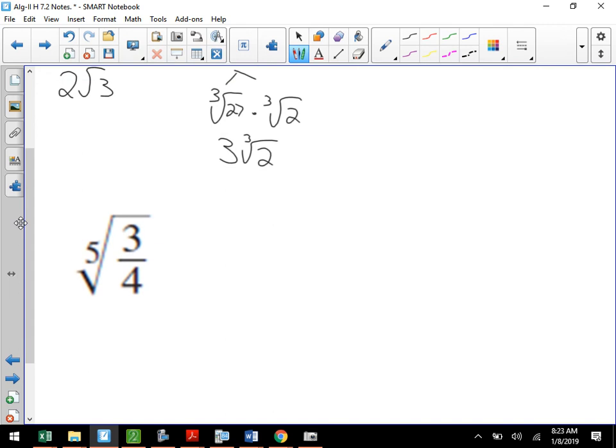Now, what I want to do is, do you guys all agree that somehow, some way, we're going to have to rationalize the denominator? You guys see that already? So I'm going to rewrite this as my first step in terms of fractional exponents. I'm going to set the fractional exponent to both the top and the bottom, numerator and denominator. Okay. So I'm going to write this as 3 to the 1/5 over 4 to the 1/5.